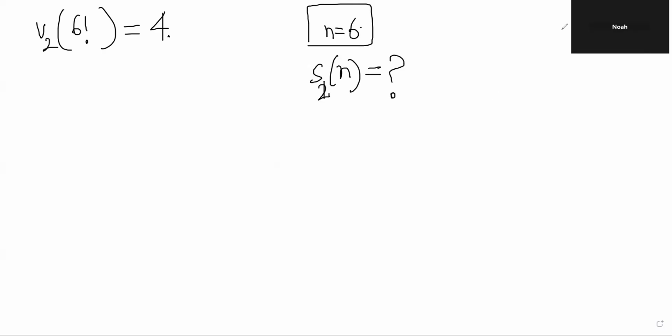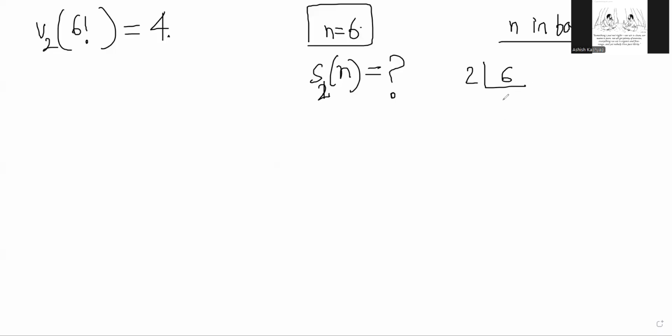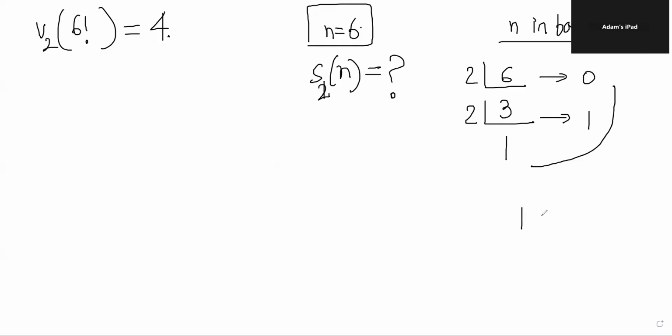For that, I need to write n in base 2, right? So let's quickly do that. 6 in base 2. When I divide, I get a quotient of 3 and remainder 0. When I divide it again, I get a quotient of 1 and a remainder of 1, and that's it. So the number is 110.